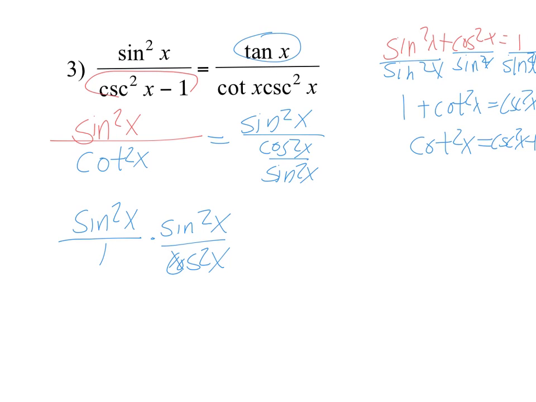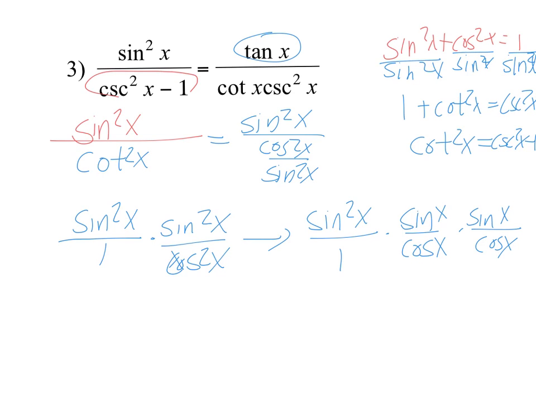I know I need a sine over cosine, so I can get that from this. So I can write this as sine squared x over 1 times sine over cosine times sine x over cosine x. All right.